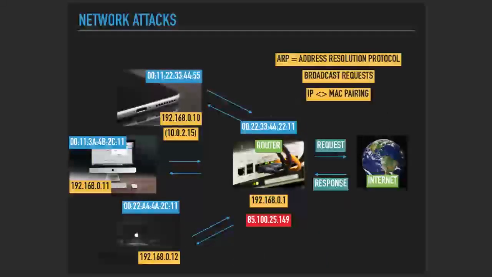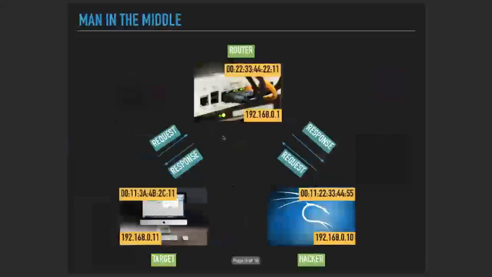We did some broadcasts previously, right? We asked who has this IP, and the device that actually has this IP got back to us with an ARP response saying that it has this IP and this MAC address. The vulnerability is that you don't have to wait for a request in order to give a response.